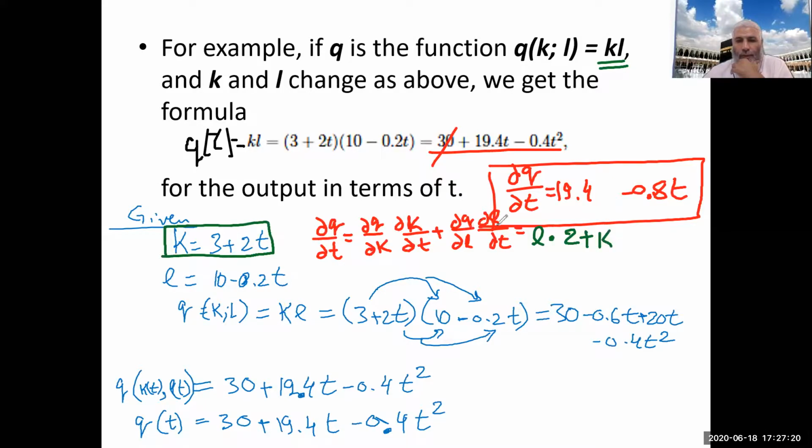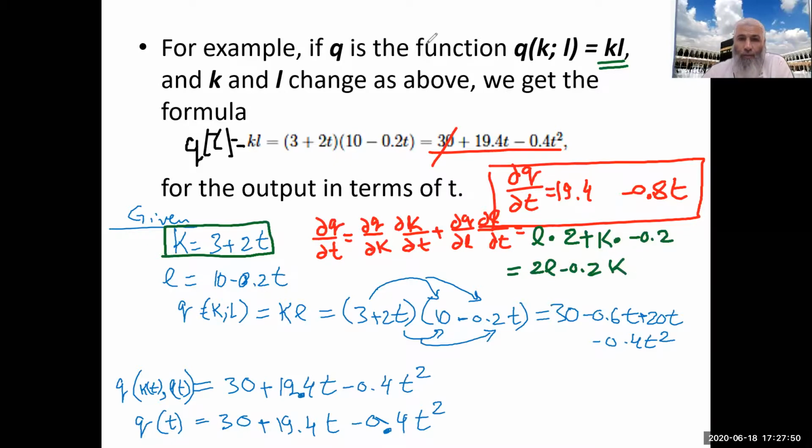Yes. And dl/dt, from here, is negative 0.2, because the derivative of 10 is 0 and the derivative of negative 0.2t is negative 0.2. So this derivative is 2L minus 0.2K, right?